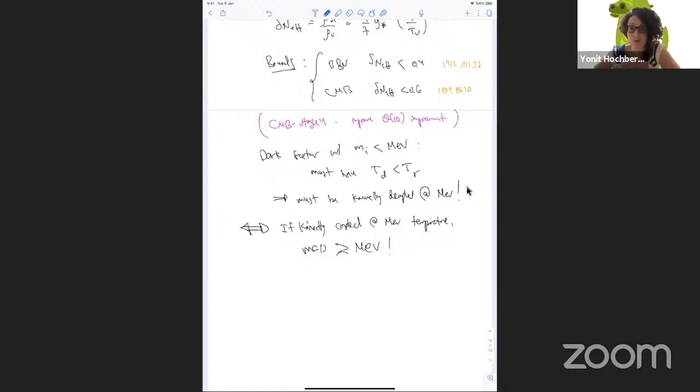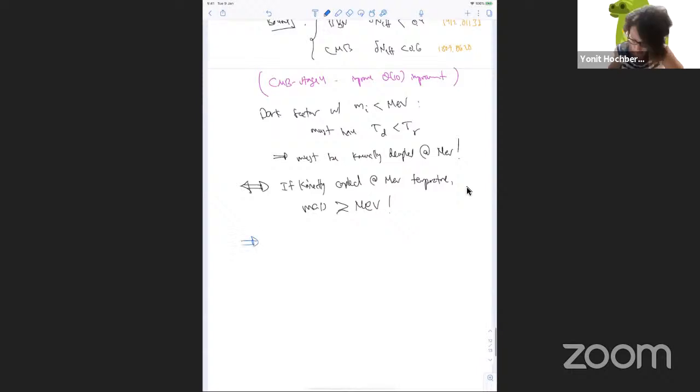Then the masses have to be above an MeV. Otherwise, we're going to be in trouble with BBN. This is just an example. It sets a bound in the SIMP case, and also for others: if I have to be kinetically coupled, then my mass better be larger than an MeV.